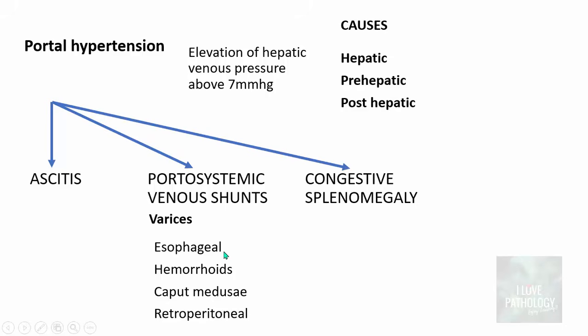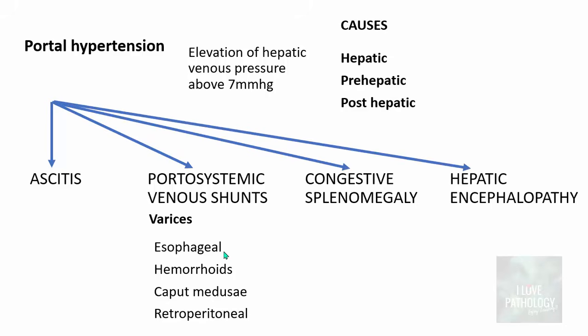Thirdly, congestive splenomegaly, and lastly, hepatic encephalopathy, because of accumulation of toxins. The accumulation of toxins is basically because of significantly reduced function of the liver, where the toxins are not degraded. The toxins tend to accumulate and then enter the central nervous system, causing hepatic encephalopathy. So four sequelae of portal hypertension: ascites, portosystemic venous shunts, congestive splenomegaly, and hepatic encephalopathy.